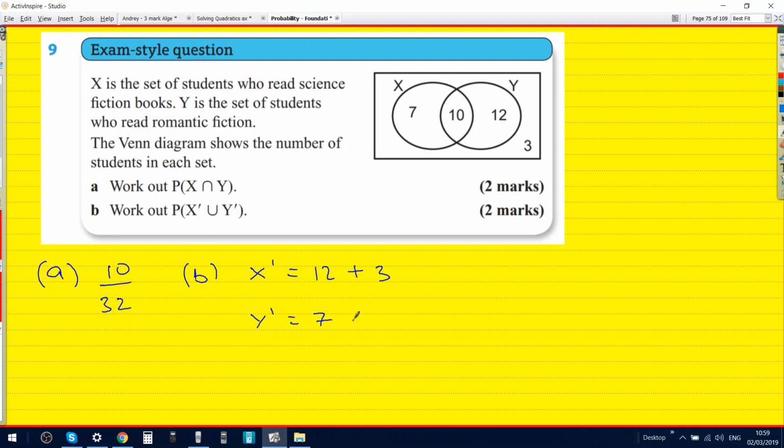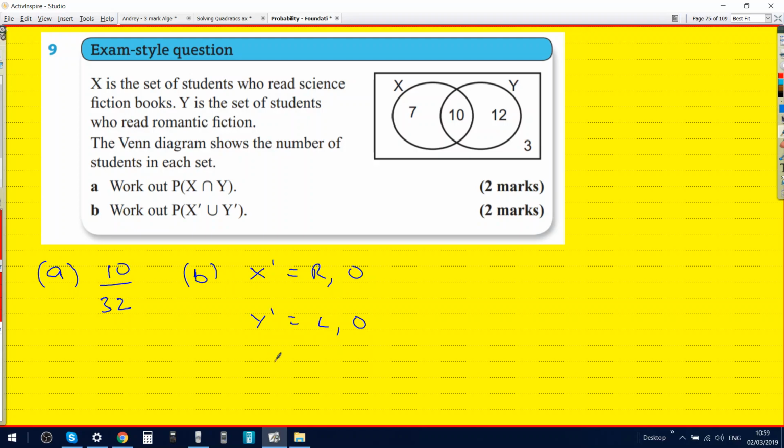And so this one then? So 7 and 3, 10, 12 and 3, 15. Sorry, I should have put a comma in between those. Or maybe I should have done right and outside or something, would have been better. Yeah. So X dash is right and outside. That one is left and outside. Okay. And so B?